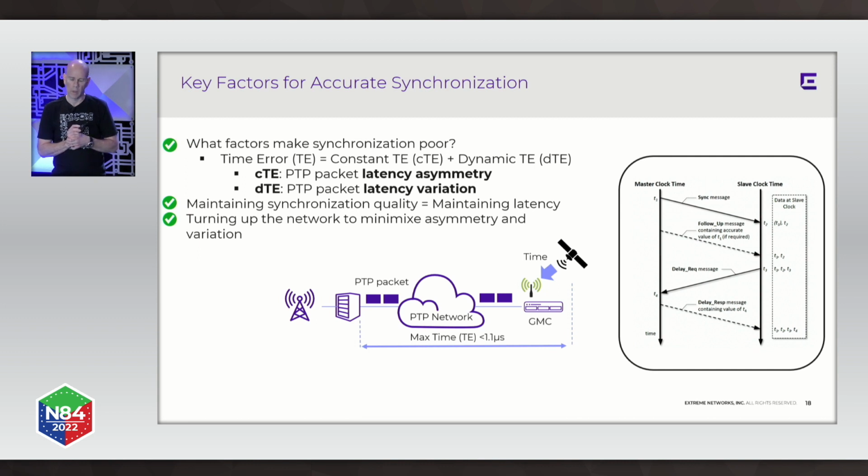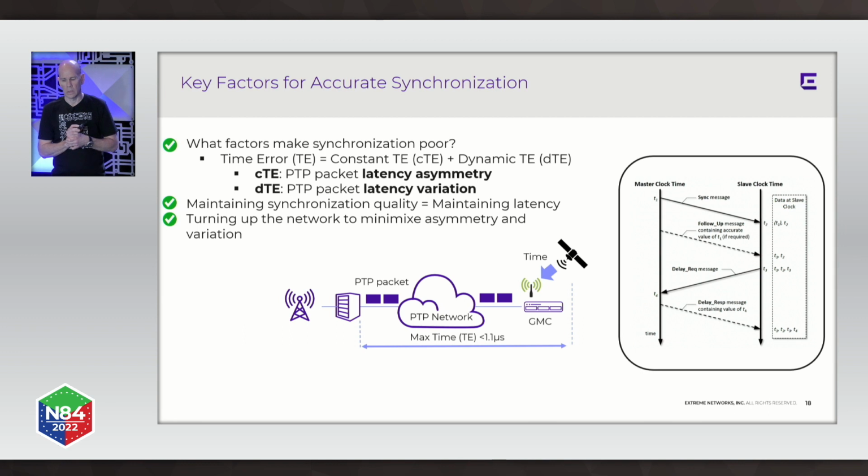You have a couple of key factors for accurate synchronization. The factors that make the synchronization poor are two: the DTE and the CTE. The DTE stands for dynamic and the CTE stands for constant. The CTE is the PTP packet latency asymmetry, while the DTE is the PTP packet latency variation.